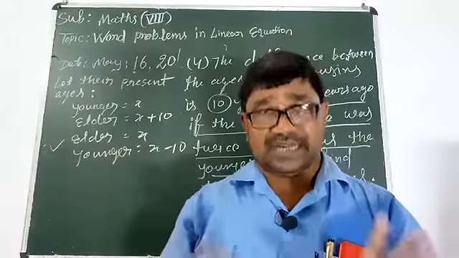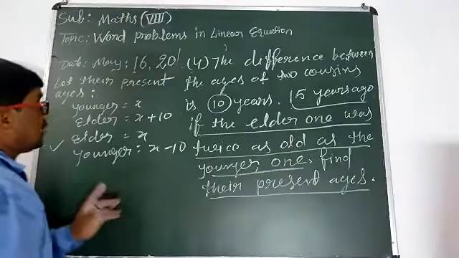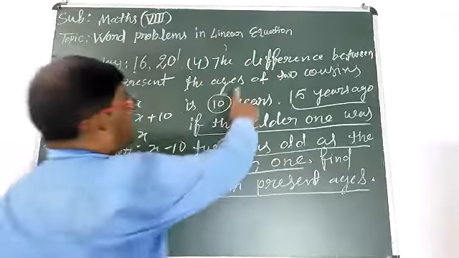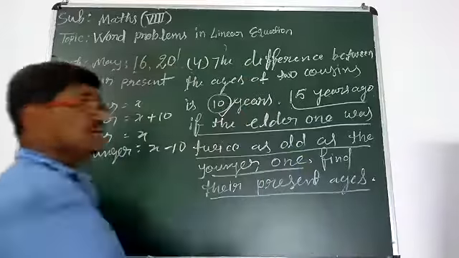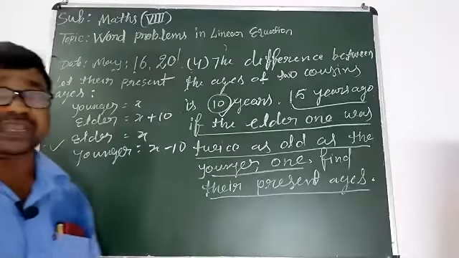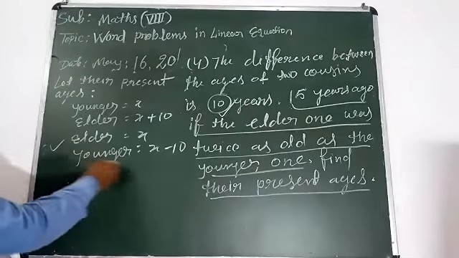Understood, student? There are two conditions here. We should start the sum from present, and the present condition is given: the difference between their ages is 10 years. I'm thinking two brothers, two cousins, so one is elder, another is younger.